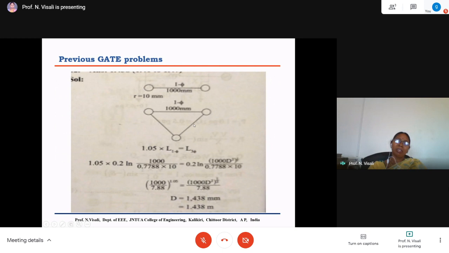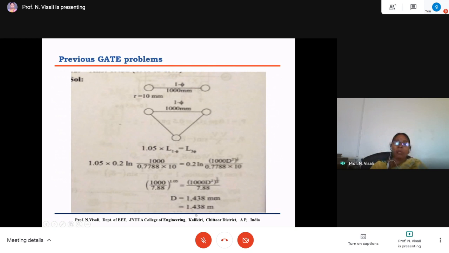With similar spacing conductors, we can directly calculate 0.2 ln of GMD, which is nothing but the GMD, by the radius r dash. Then this equation will be simplified, and once you simplify, the value of distance D can be calculated.